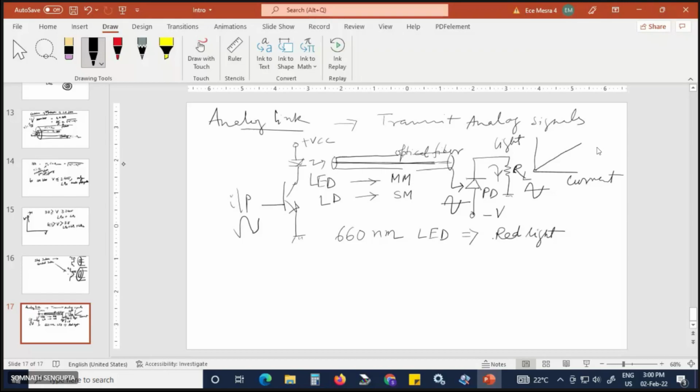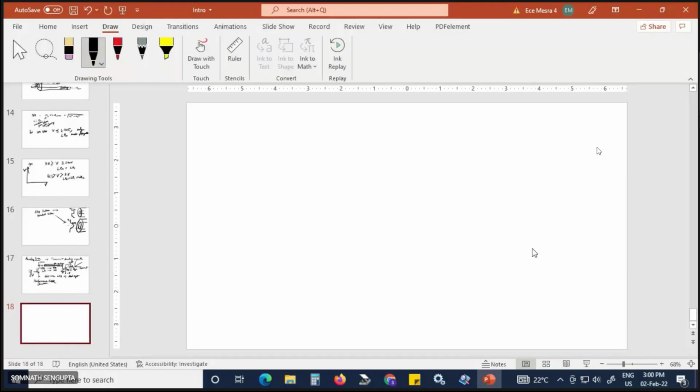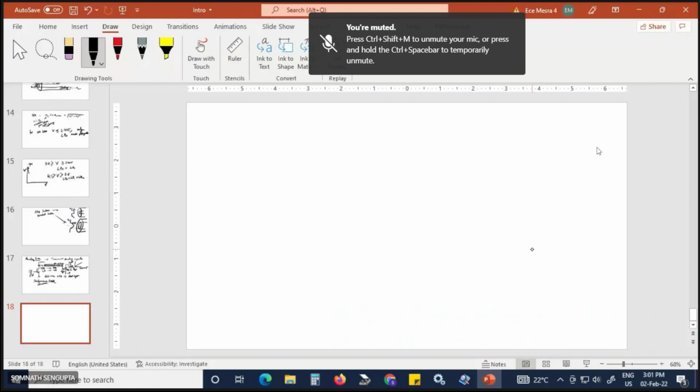In case of analog link, we use signal to noise ratio, SNR, as the performance criteria. And another important thing is what I was discussing, what you have to do. You have to make one table.